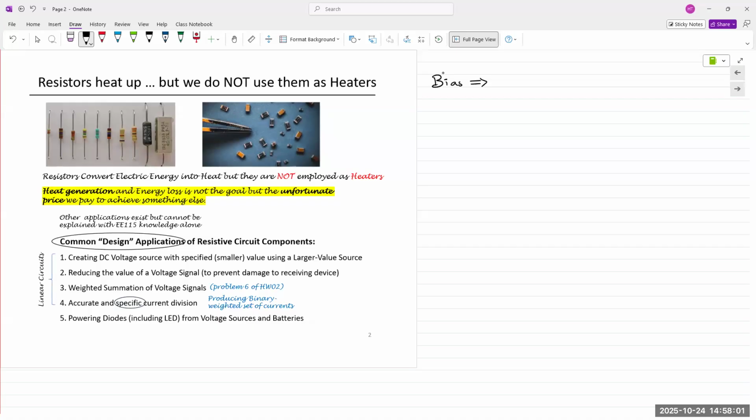It is highly undesirable, but it's an unfortunate byproduct of everything. So our circuits all heat up. Cell phones, laptops, desktops, we have circuits in there. We have massive heat sinks to take away all the heat. We have fans and cooling systems in there. It's an unfortunate byproduct. However, we also use this in applications in everyday life.